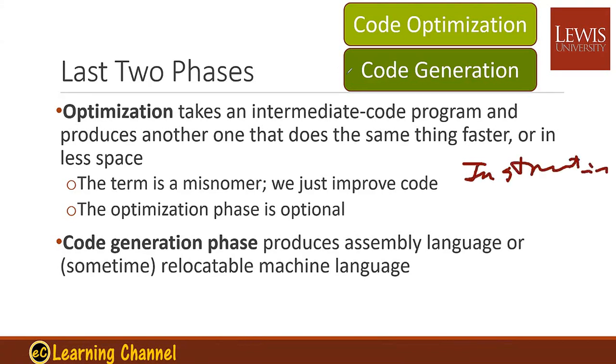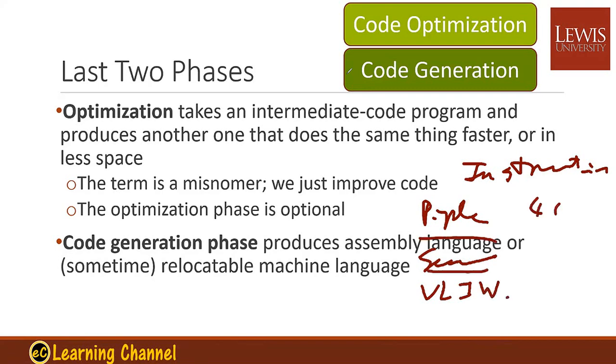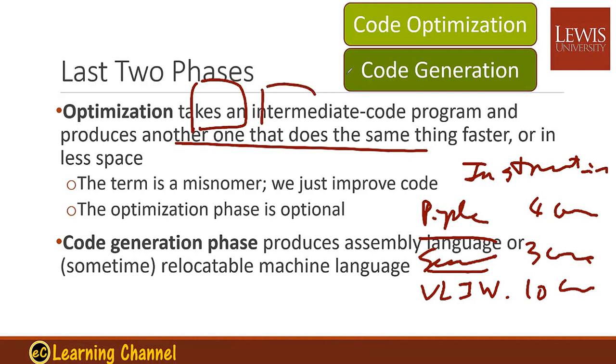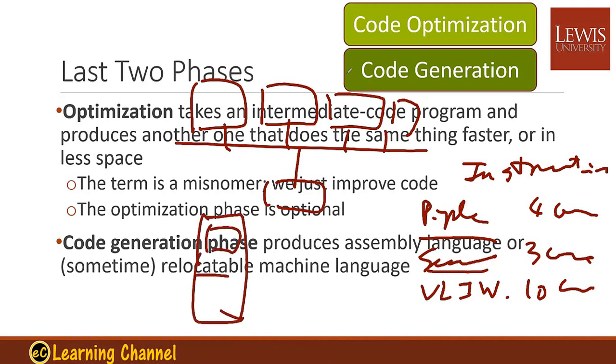Then you need to study whether this is a super pipeline machine, a super scalar machine, or a VLIW machine. This is 4-core, this is 3-core, this is 10-core, this is a shared memory model: 4 processors, 1 memory. This is a processing unit that has its own local cache.